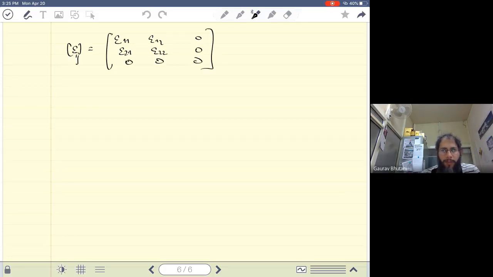So we want to find out epsilon 1 1, epsilon 2 2, which are the longitudinal strains, and epsilon 1 2, which is the same as epsilon 2 1 because epsilon is symmetric. So I can just write this as epsilon 1 2. So you have three unknowns here.